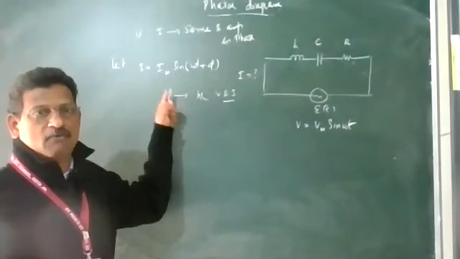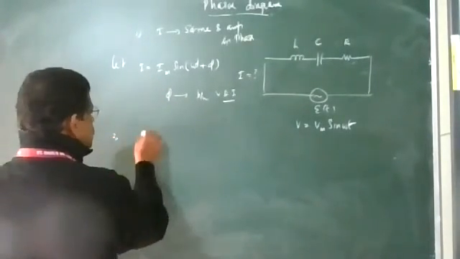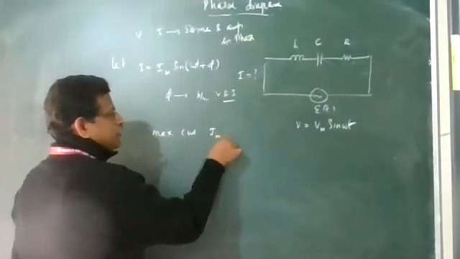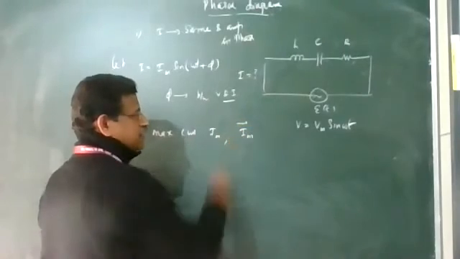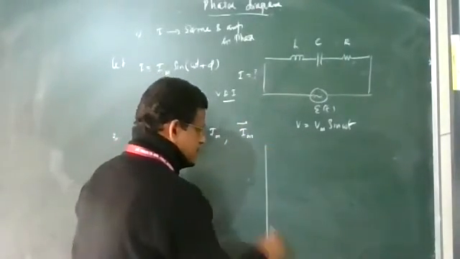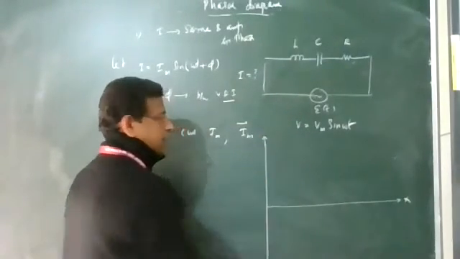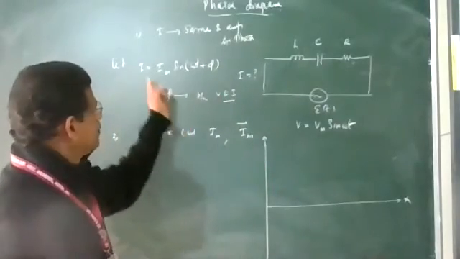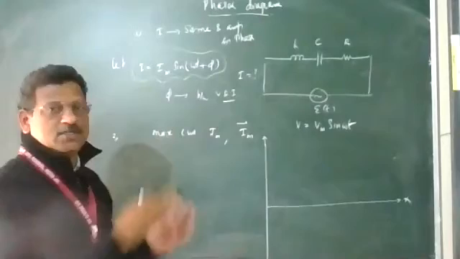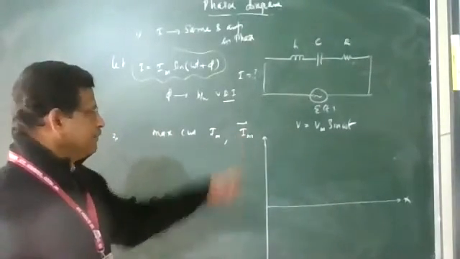Next, point number 2. The maximum current, Im, will be treated as a current phasor and represented in the phasor diagram. This is the phasor diagram we are going to draw. The current is represented by I equal to Im sin(omega t plus phi), and the maximum value of the current is Im.